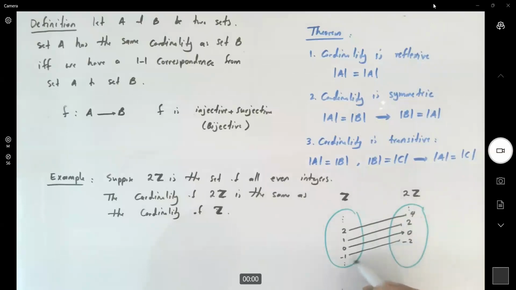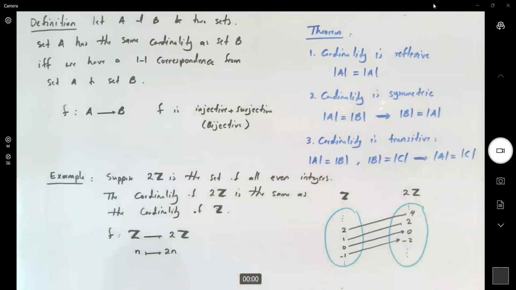You can take the rest of them and map them to the rest of the even integers that you have here. Well, what is that function? Well, the function is crystal clear. This function f that maps Z to the even integers takes each n value and maps it to 2n.